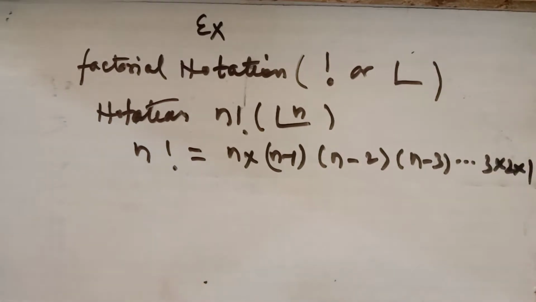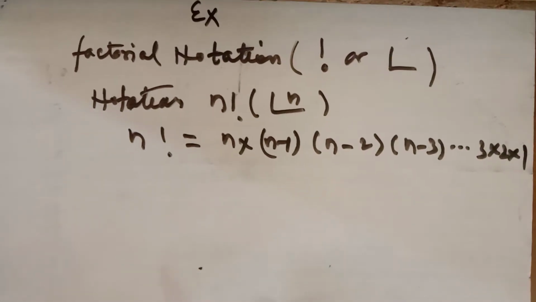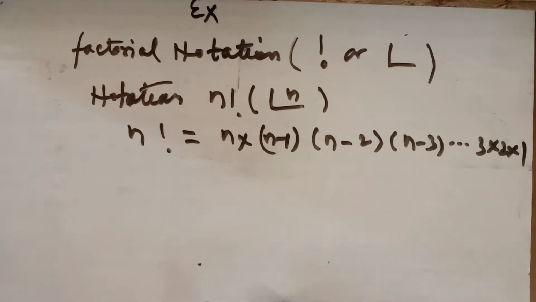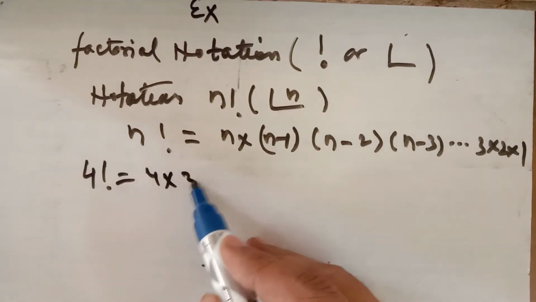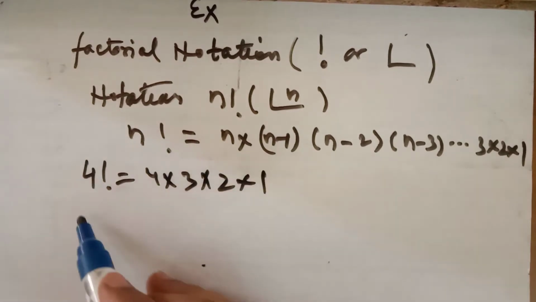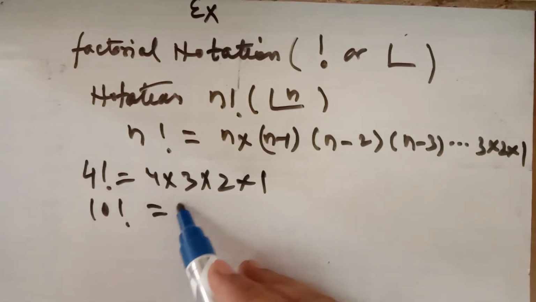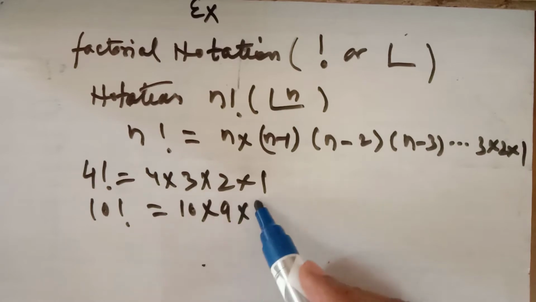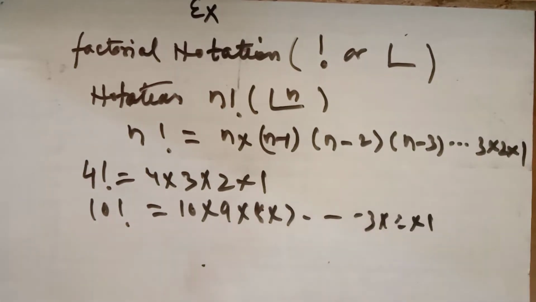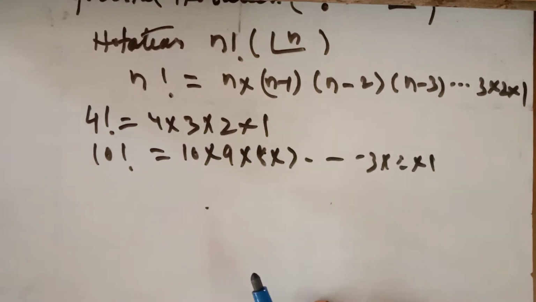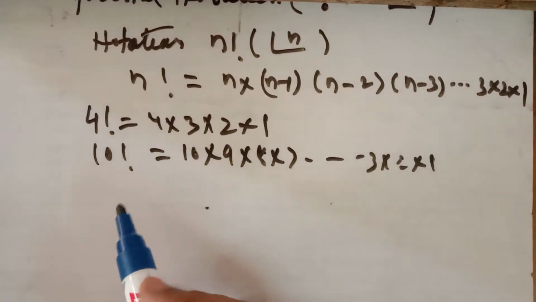That is, you have to multiply the natural number by all its preceding natural numbers. That is, 4 factorial means 4 into 3 into 2 into 1. 10 factorial means 10 into 9 into 8 into 7 up to 3 into 2 into 1.